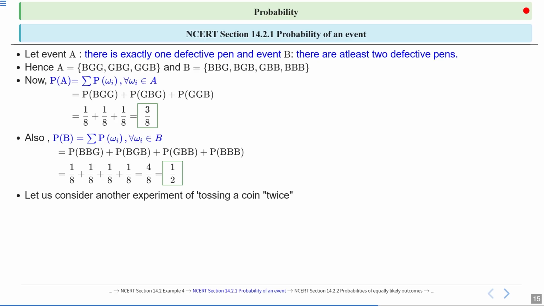So now let us consider another experiment. Okay, so now we are considering an experiment where we are tossing a coin twice. Then what is the sample space? So the sample space of this experiment is equal to HH, HT, TH, and TT.